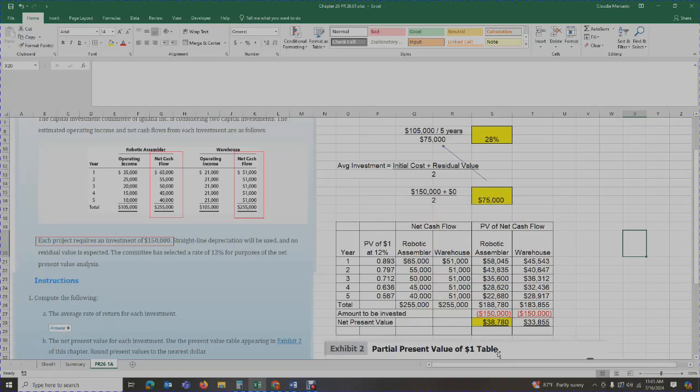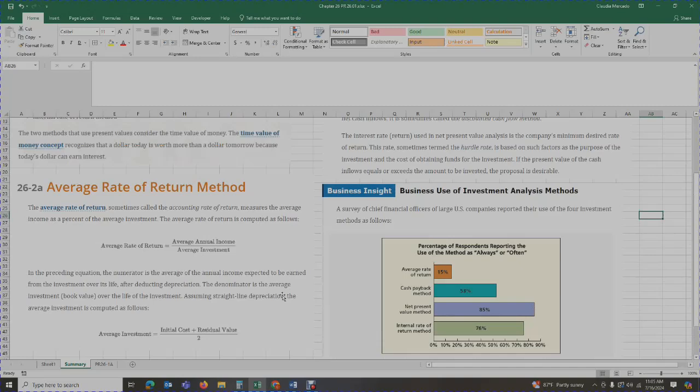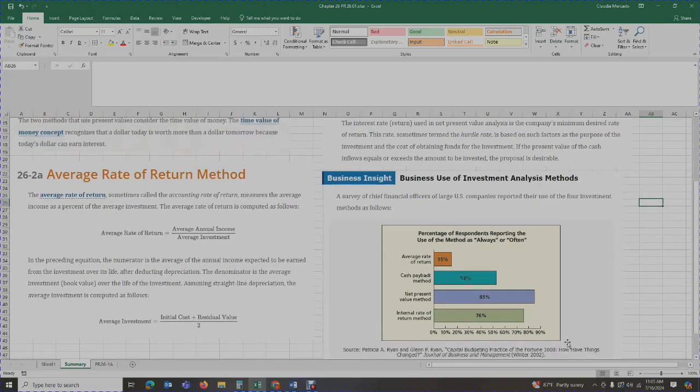Remember, a dollar today is worth more than a dollar tomorrow. And then 76% use the internal rate of return method. So the strongest methods used are the net present value method or the internal rate of return, both of which use the time value of money concept.